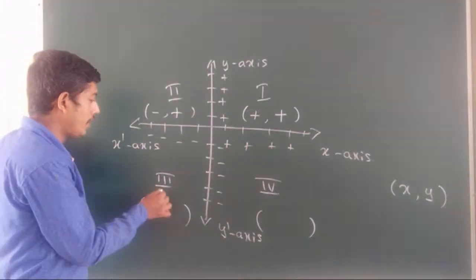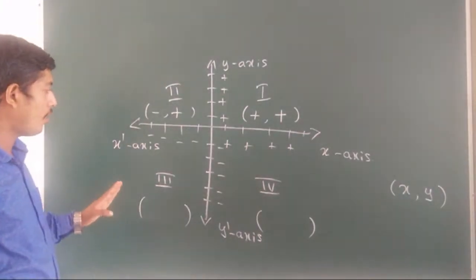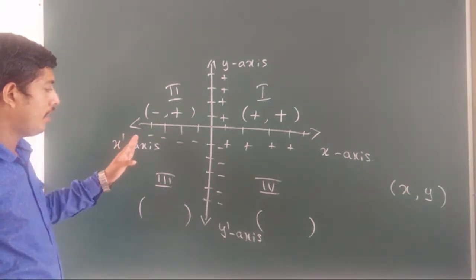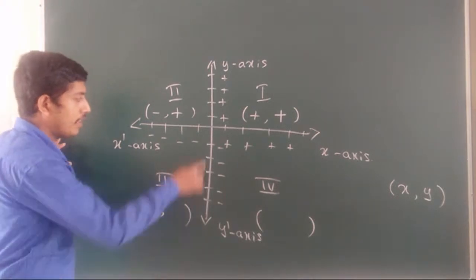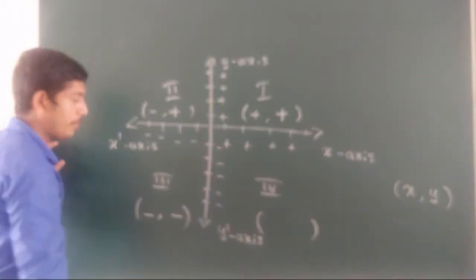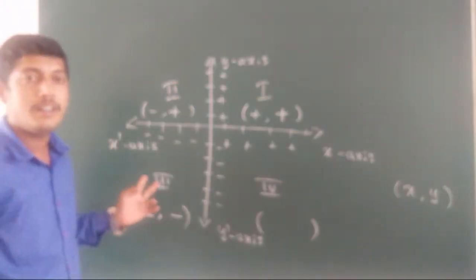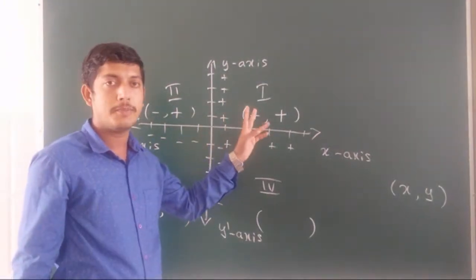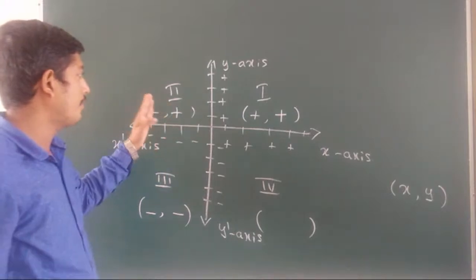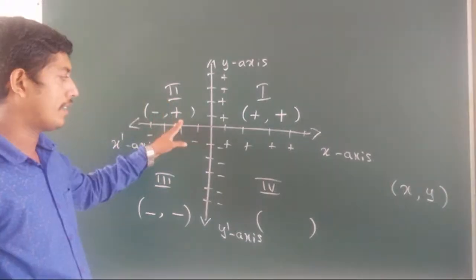Then we go to the third quadrant. In the third quadrant, the first term x value is negative here, then the y value is negative. That means in the third quadrant both coordinate points are negative, and in the first quadrant both coordinate points are positive. In the second one, x is negative, y is positive.